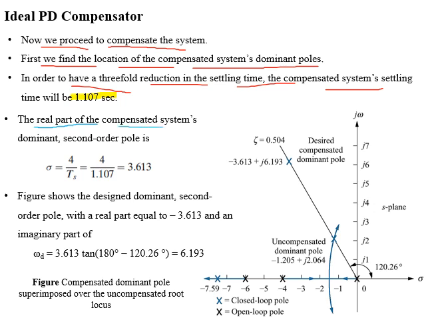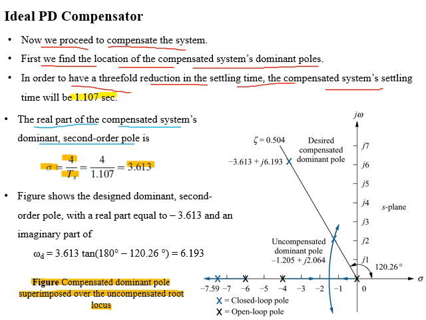Now using the relation of settling time, which is equal to 4 over sigma, on rearranging, sigma will be equal to 4 divided by settling time, which is equal to 3.613. Now the real part is equal to -3.613 for the dominant pair of poles, and to maintain the 16% overshoot, these poles must be on the line of constant damping ratio.